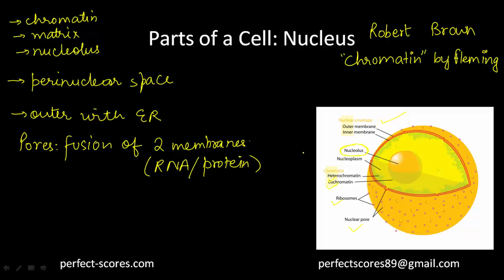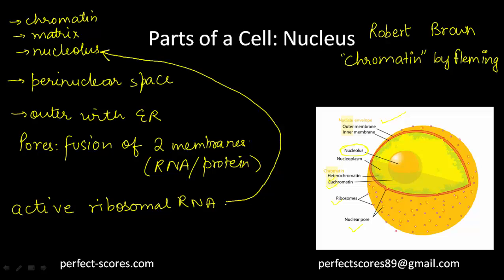And this is a site for the synthesis of active ribosomal RNA that is formed in the nucleolus. And larger and more numerous nucleoli are also present in cells that carry out lots of protein synthesis.